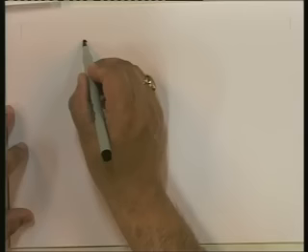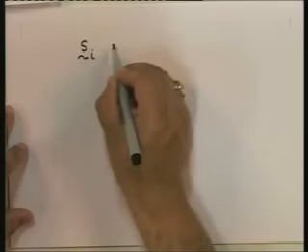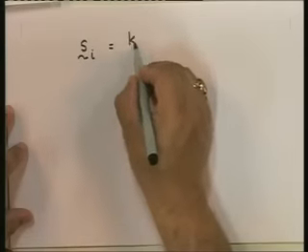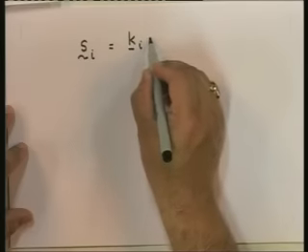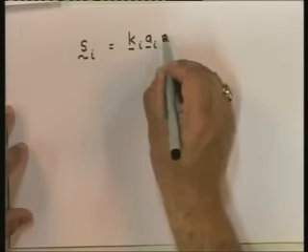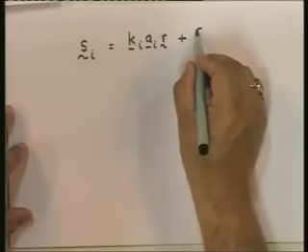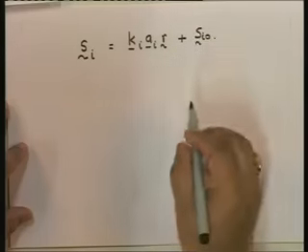Okay, so let us go through some of the numbers. I am not going to be solving this entire problem because all I wanted to introduce was the concept of this. Okay, so here ultimately what we have is S_i is equal to K_i A_i into R plus S_i0.